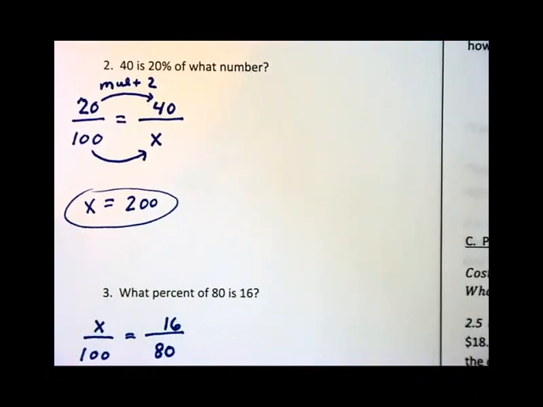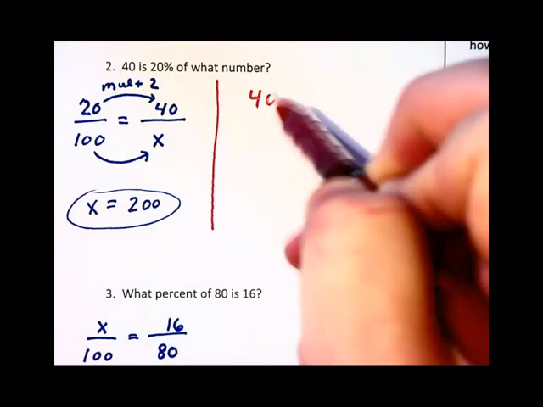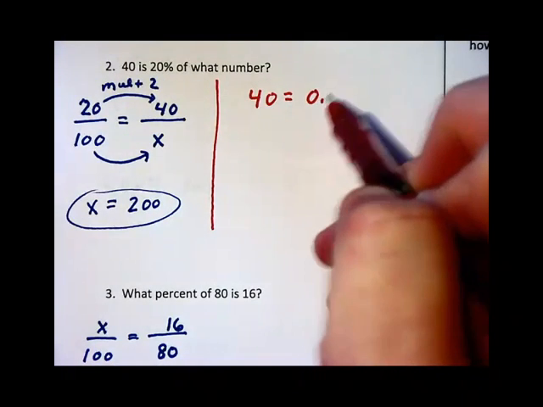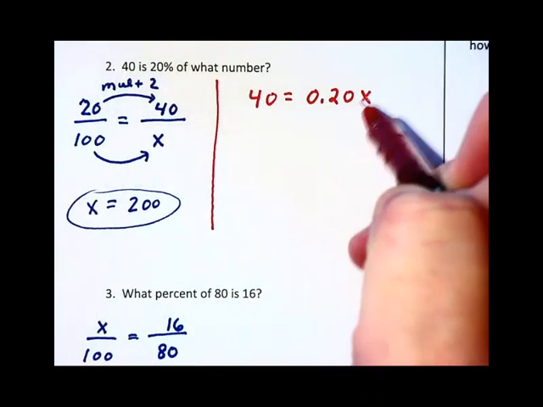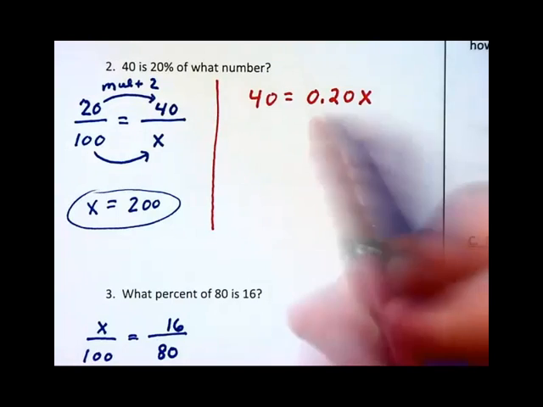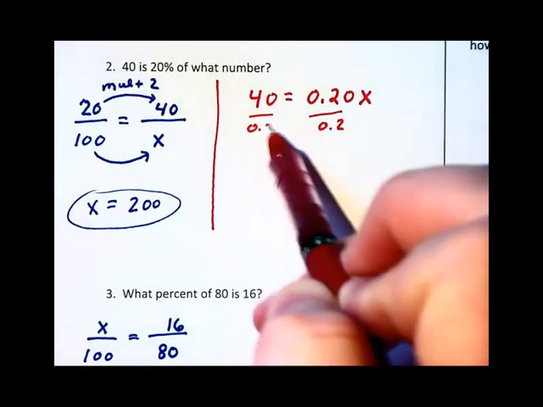In problem number 2, 40 is. Okay, let's write 40 equals 20%, that would be 0.20, of what? That means times unknown, times x. This time we would need to be dividing each side by the 0.2.